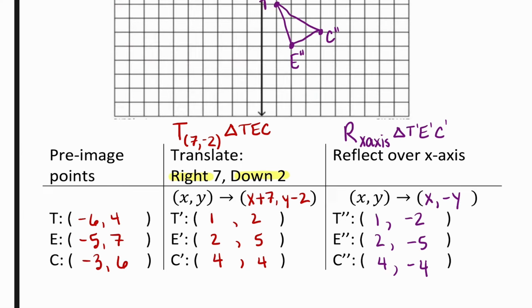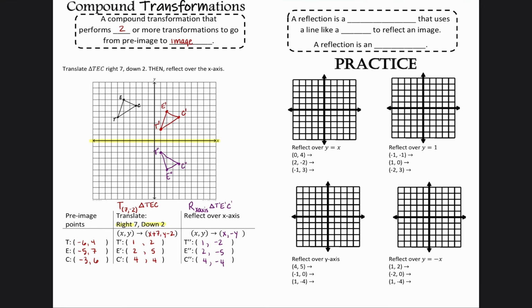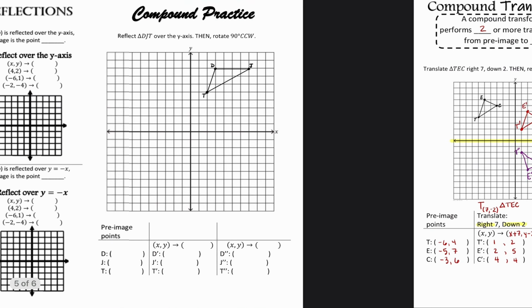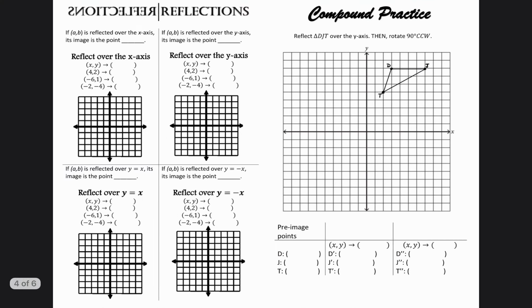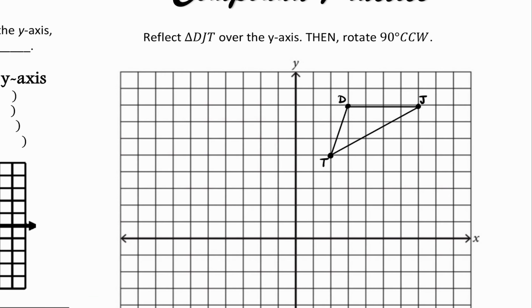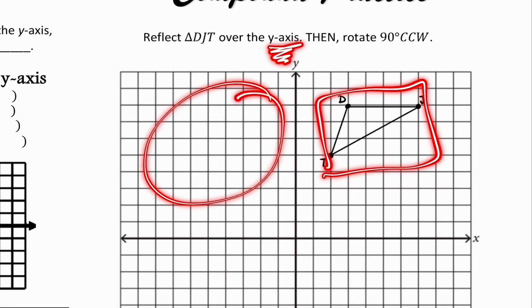All right? Once you are done with this, obviously you don't have this page, but I want you guys to look at this page, so it's practice. You are reflecting this triangle over the y-axis. Once you get it, you are then going to rotate it 90 degrees counterclockwise.